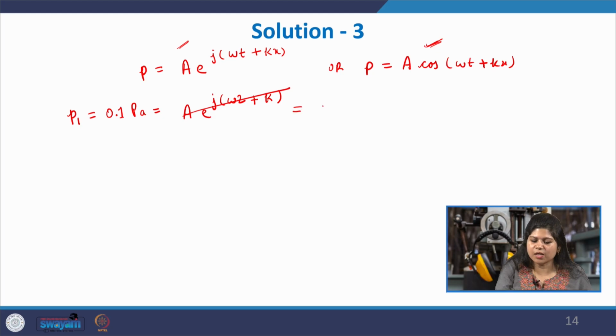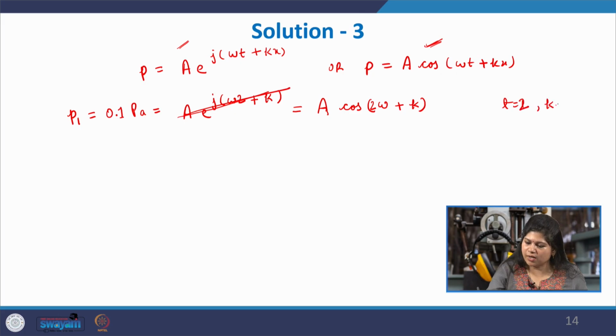We will directly equate it to the real part, and that is where most students make the mistake. So, it is cos of 2 omega plus k, because t is given to be 2 and x is given to be 1. So, this becomes your first equation.